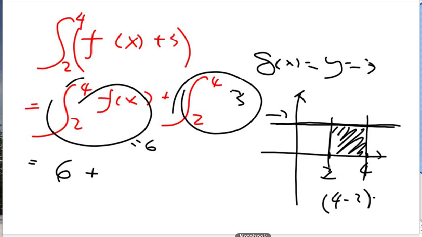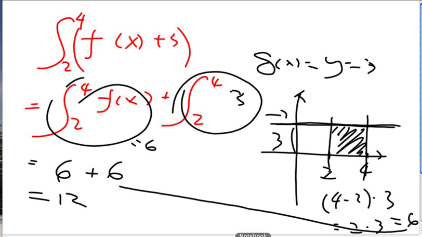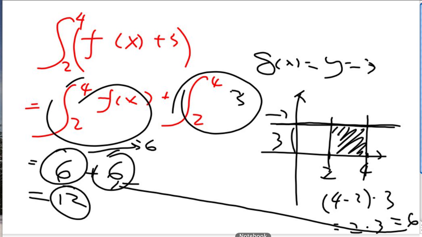It's 4 minus 2 times 3. So here is 3, and here is 2 times 3 equals 6. 6 plus 6 equals 12. And this 6 is because of the question, which has already given us. So 12 is the answer, which is D.